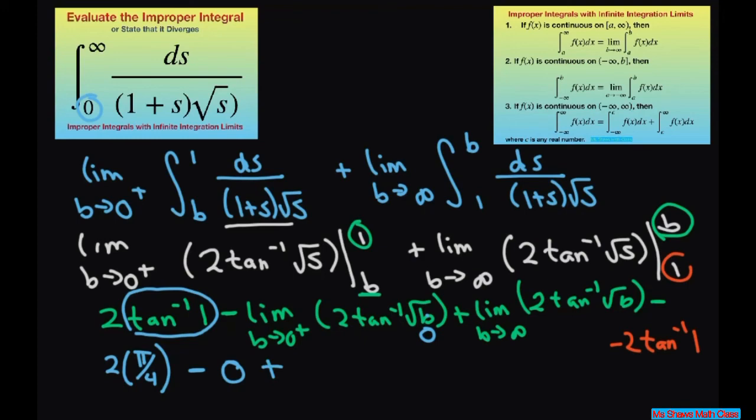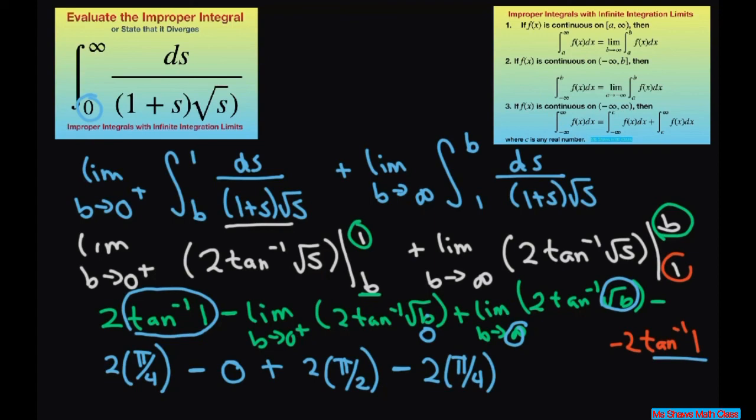Plus, when you substitute, this goes off to pi divided by 2. So when you do inverse tan of infinity, it's pi divided by 2. So we have 2 times pi divided by 2 minus 2, and again, inverse tan of 1 is pi divided by 4.